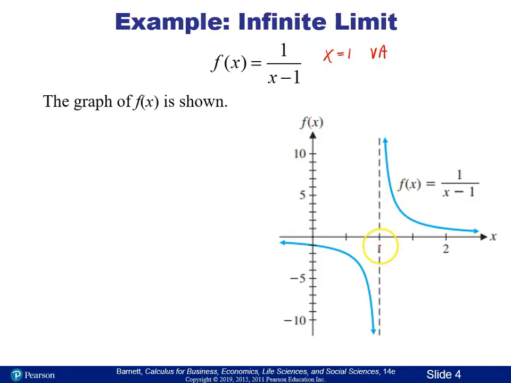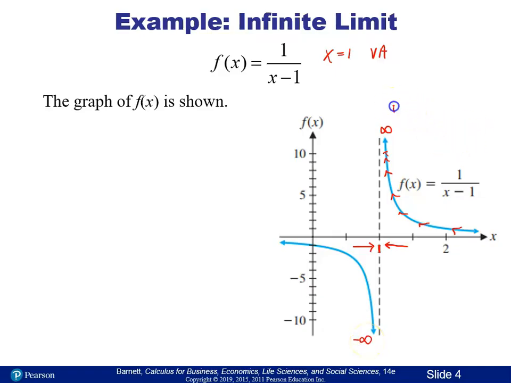that would make the denominator be 0. So that's where we have a vertical asymptote. You can see here, this is 1 and 2, so it's marked off with 2 increments for each number there. So we have a vertical asymptote at 1. As we approach a vertical asymptote, the function itself, following it as we go up here, is either going to go to infinity or to negative infinity.